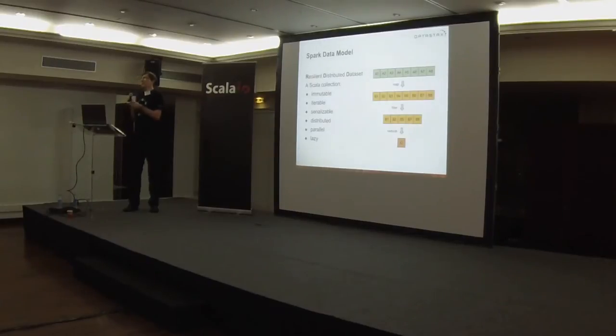If any of you, probably most of you, have already used the parallel collections introduced in Scala 2.9, they are parallelized on a single machine. With Spark you get a similar feel, but instead of parallelizing them on a single machine, they are distributed on the whole cluster.